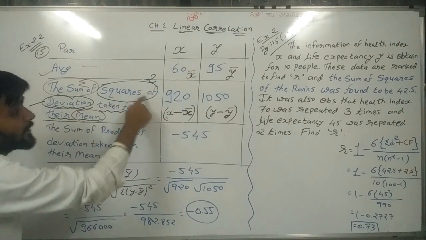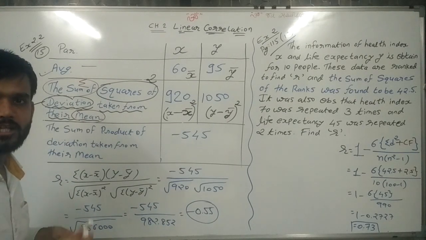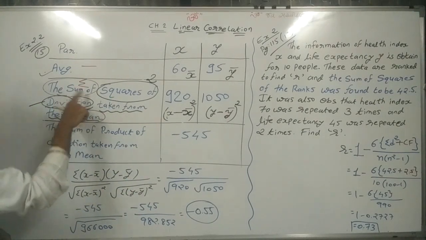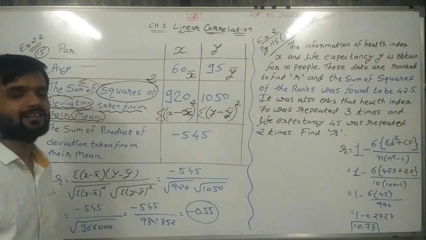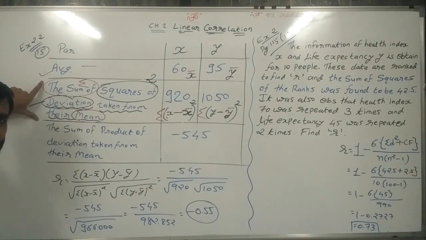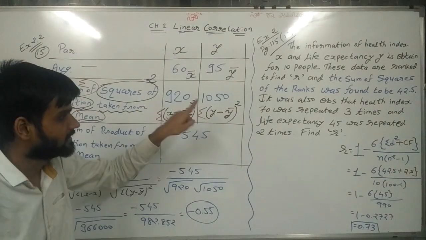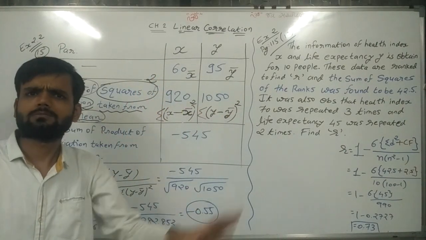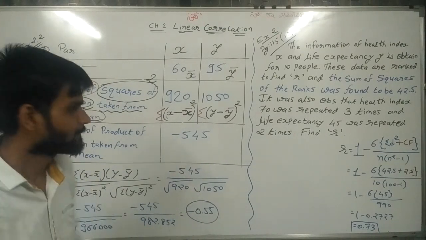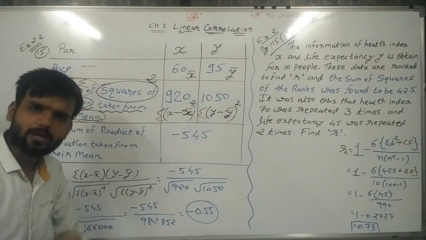Their square, square of. An important thing, the sum means sigma. So sir, what does this statement mean? This statement means sigma x minus x bar square and sigma y minus y bar square values are given to you. That's it. Nothing else.